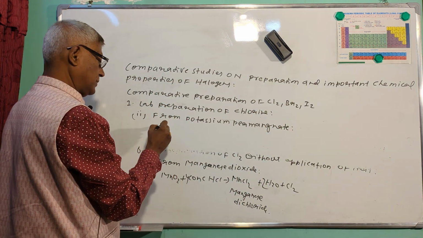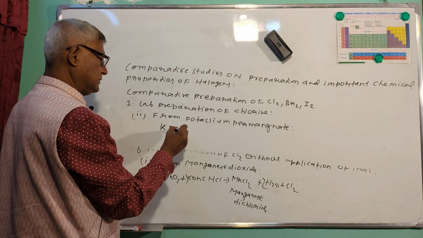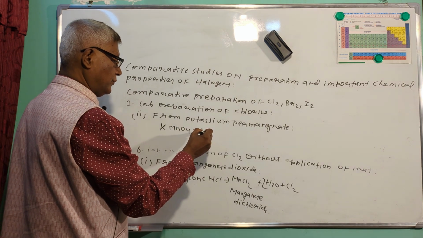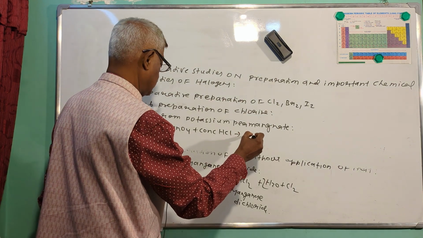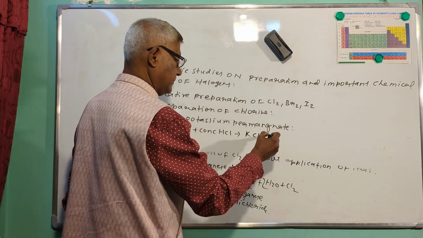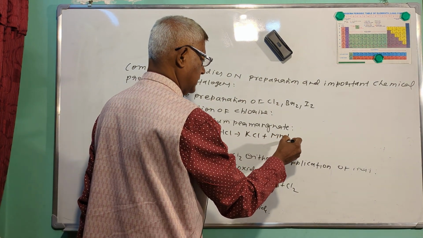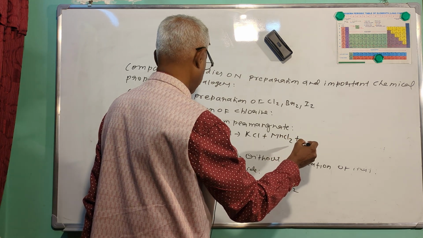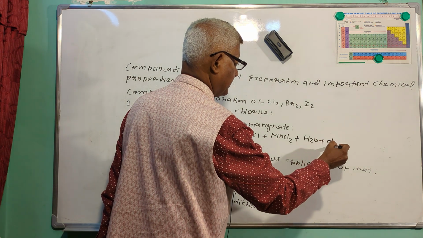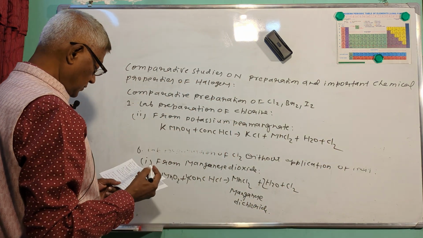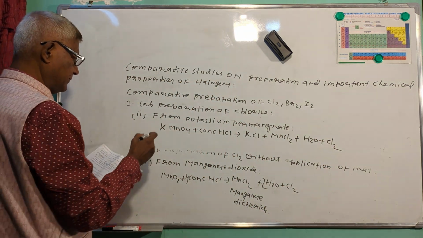Yes. So formula of potassium permanganate is KMnO4 when treated with conc. hydrochloric acid. So what to get? KCl, MnCl2 plus H2O plus Cl2. Yes. So after balancing what we have?